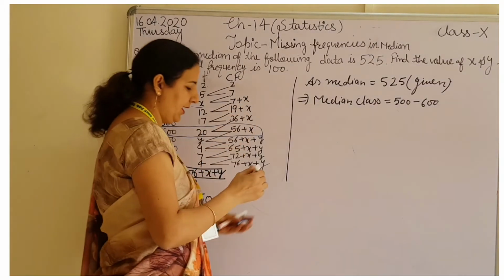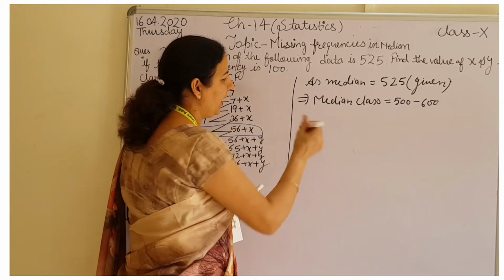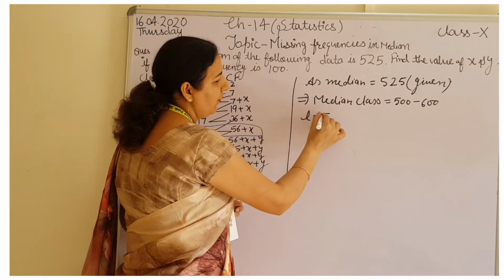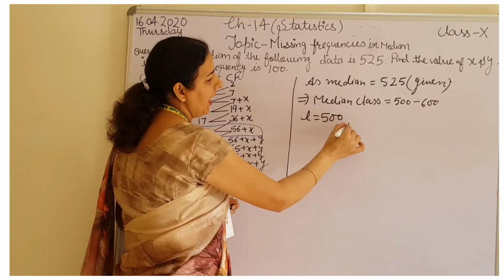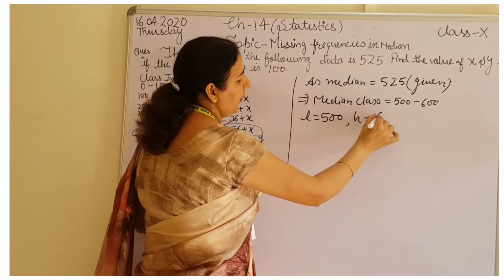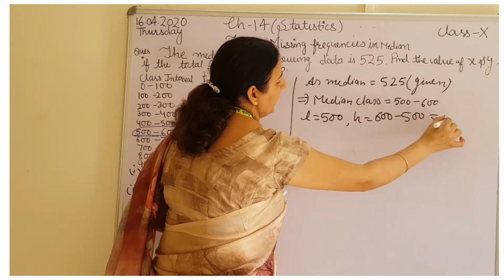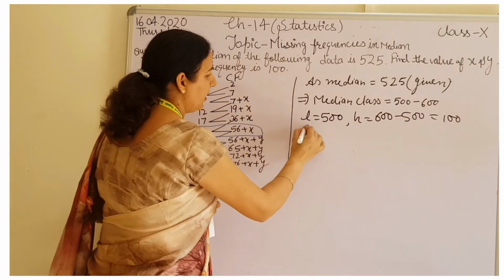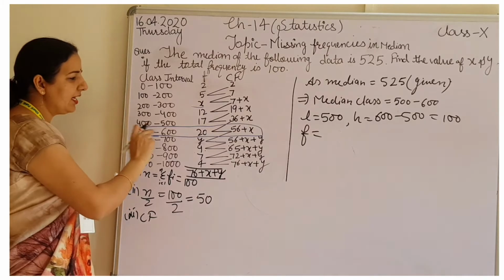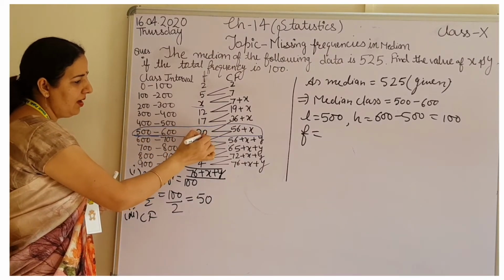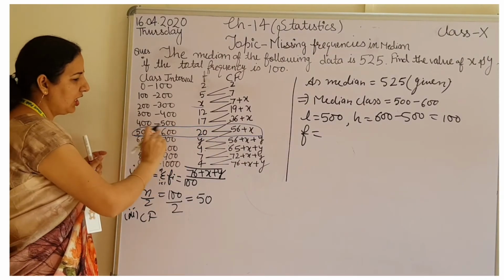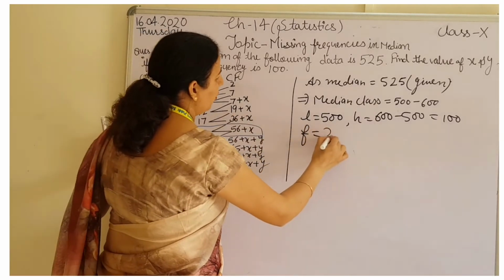After getting the median class, we can easily calculate L. L is 500. H is equal to the difference between the limits, that is 100. H is equal to 100. F is equal to the respective frequency in the median class, so the respective frequency is 20.